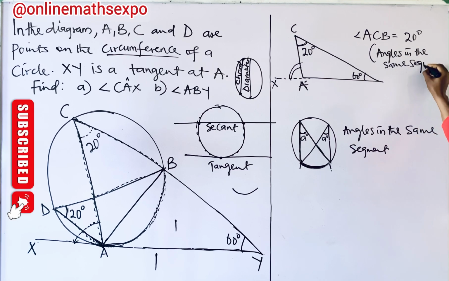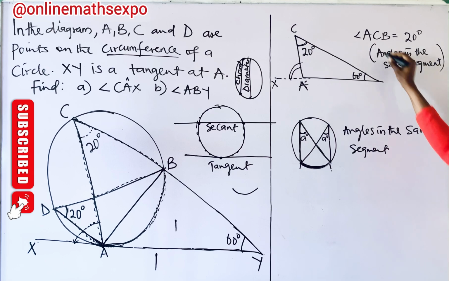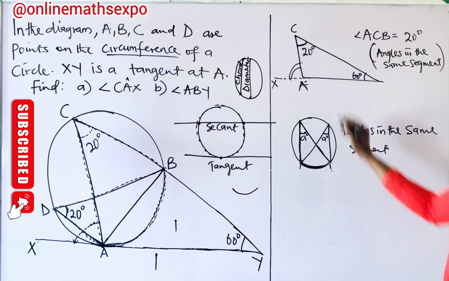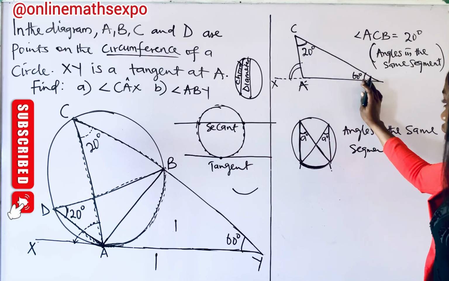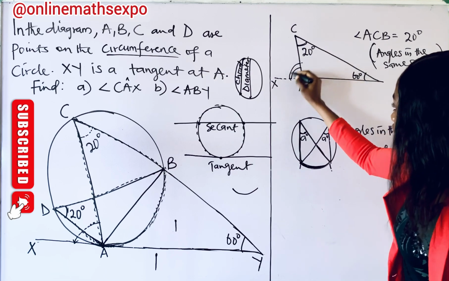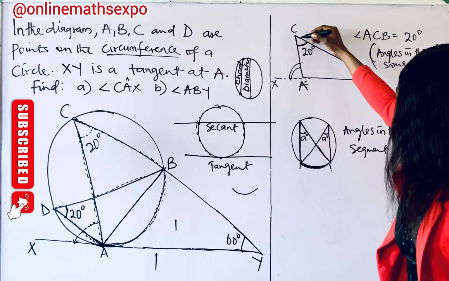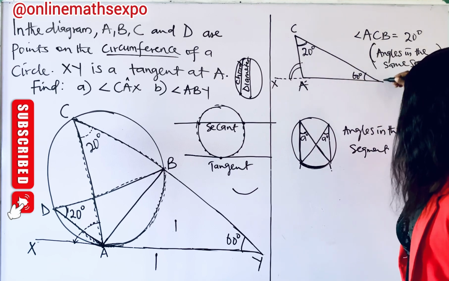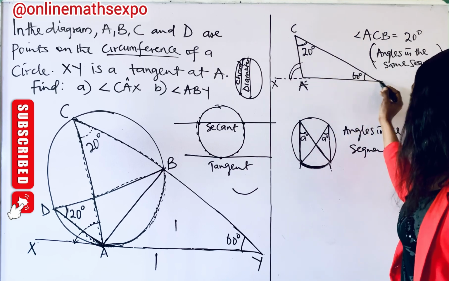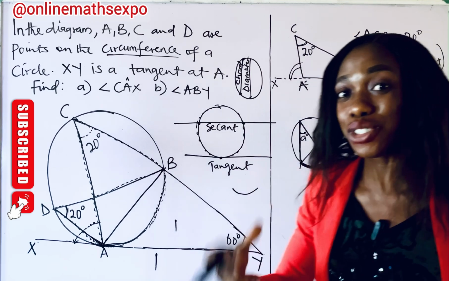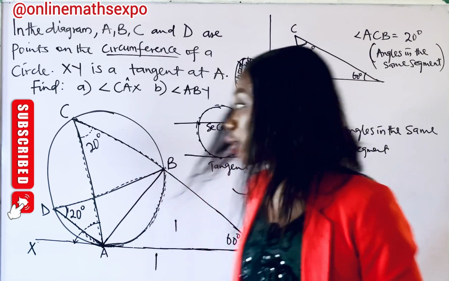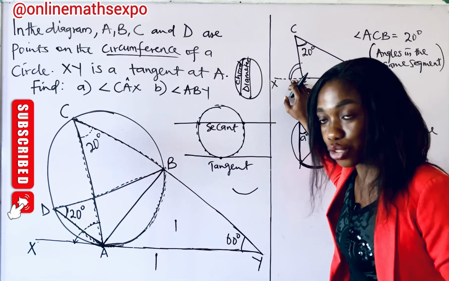Now, having understood this, what other thing do we need to do? You have seen that we have gotten this angle and we know this. So how do we now find the one we are looking for? It's just very simple. You will notice that this main diagram here is a diagram of a triangle. And if it's a diagram of a triangle, it should remind you of something that should help you to get this. Let me help you to remember it.